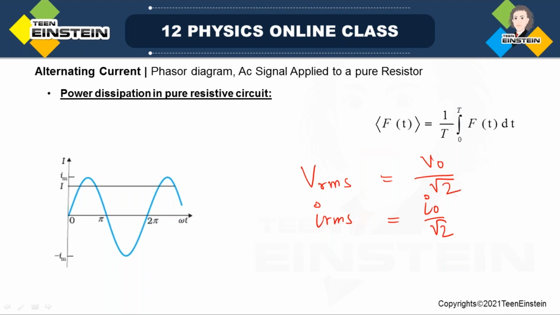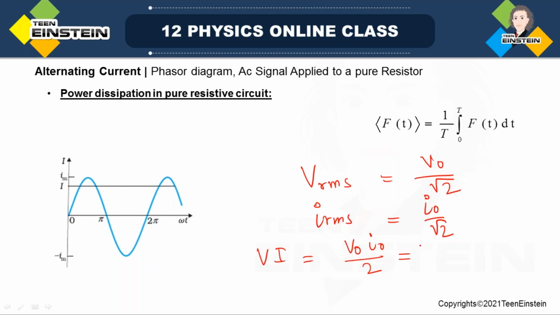Now if I write this, V into I, then I'll get V0 I0 by 2.